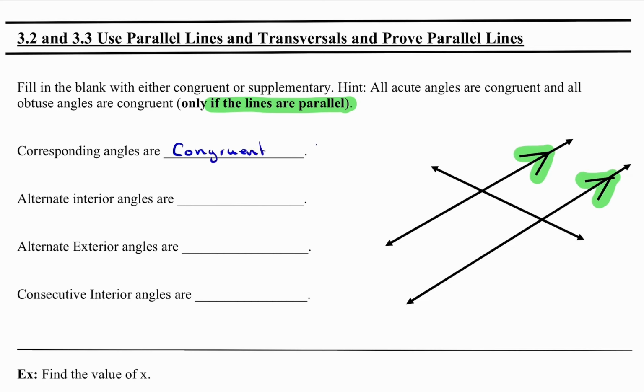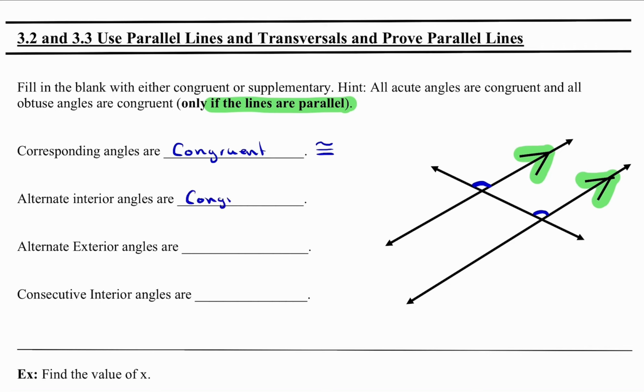Congruent, for those of you who forgot, there's our symbol for congruence. So if I look here, this angle right here and this angle right here are corresponding, and they are congruent.